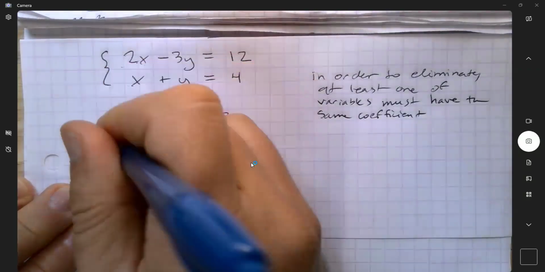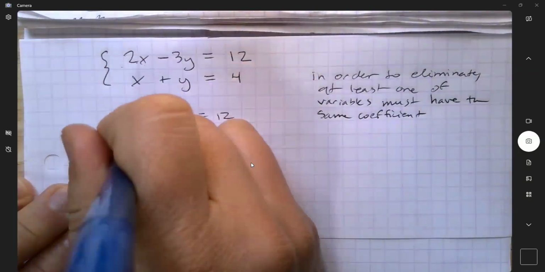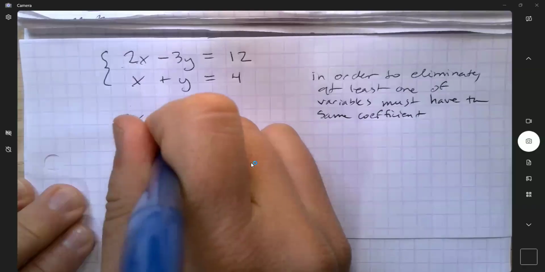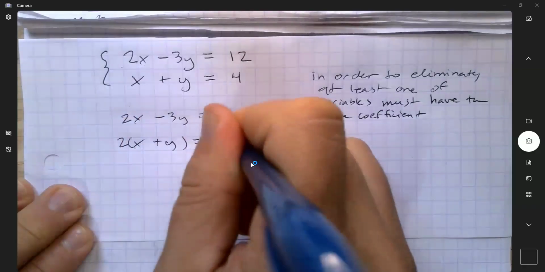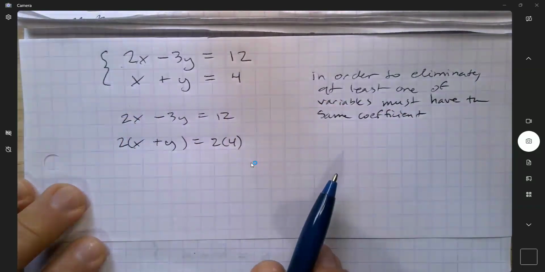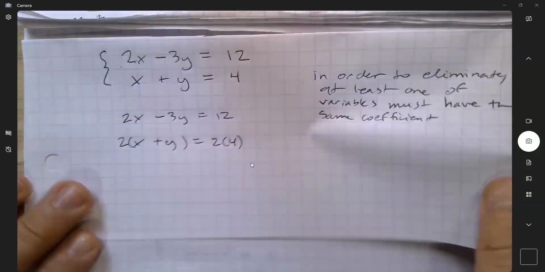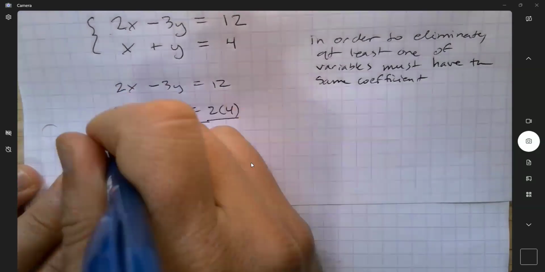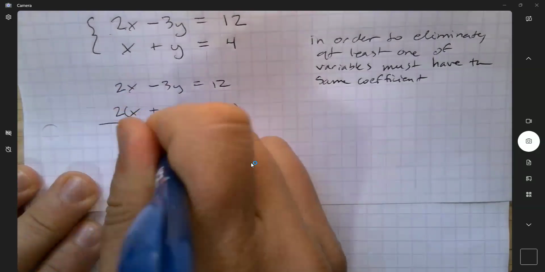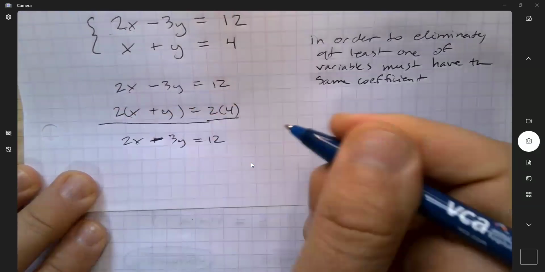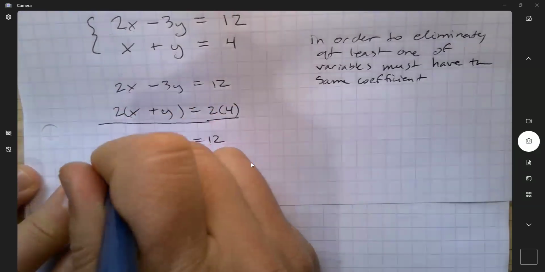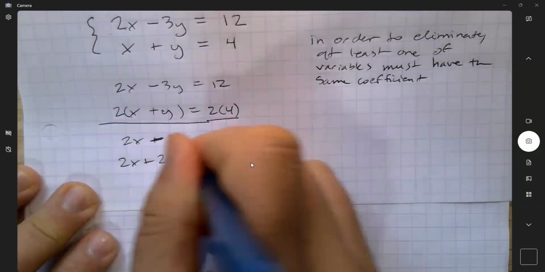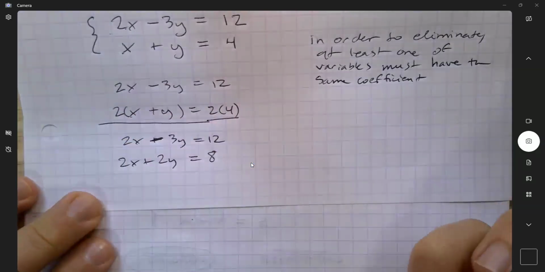Well, if I have a 2x here, then I want a 2 multiplied by my second equation. And that gives me 2x minus 3y equals 12 for my first equation, and 2x plus 2y equals 8 for my second equation.